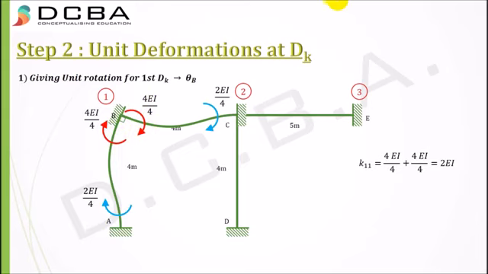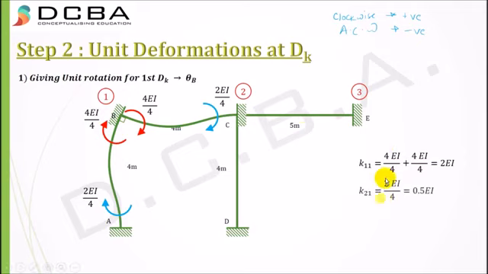So clockwise is positive. This is our sign convention. Anti-clockwise is negative, clockwise is positive. Since these are clockwise moments, I'll add them up. Both are at the same joint, right?